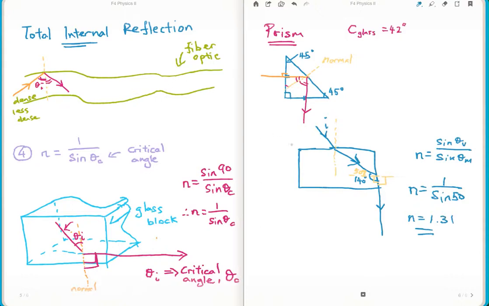Okay, you need to resolve them. You cannot just go straight away. Always remember, angle is always measured from the normal. You need to construct your normal line. Then of course I can ask what's the angle of incident. And from there you solve here, and then you know the refractive index, and then you solve the sines.